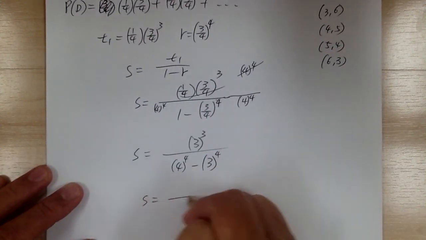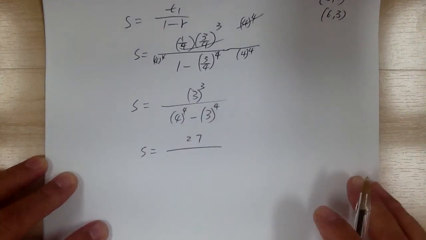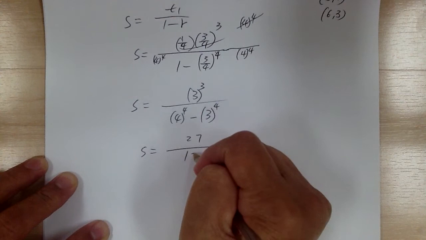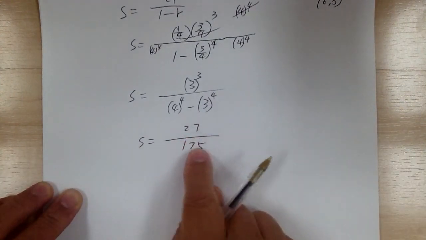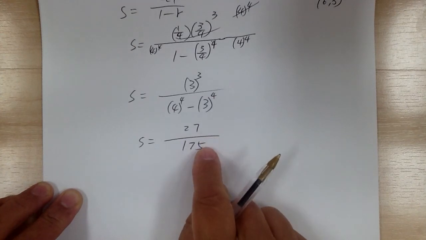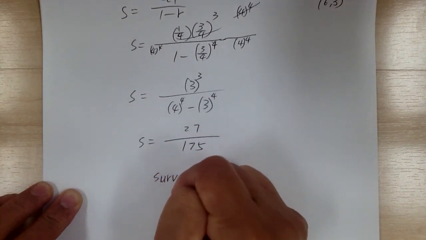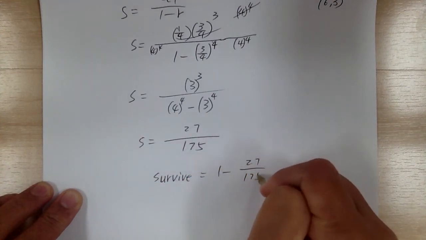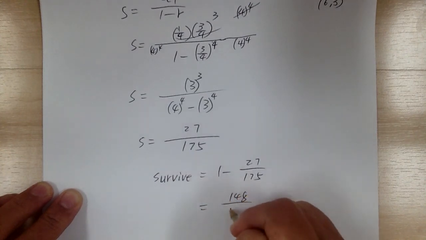And so S will equal 27 over, so you can work this part out, you get 175. So this is when Doug walked the plank. So Doug surviving would be equal to 1 minus that. So survive will equal 148 over 175.